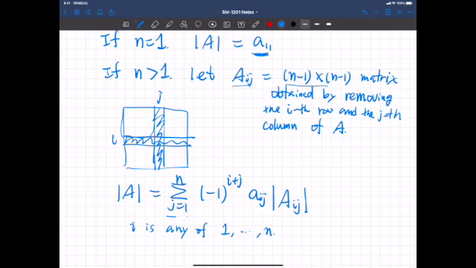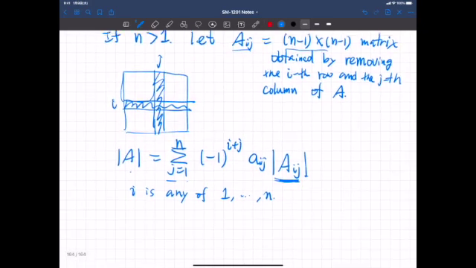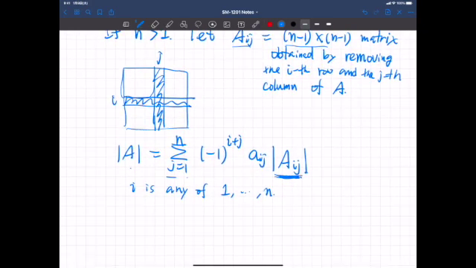So it's defined recursively. This means when n is, for example, 10, then we need the determinants of 9 by 9 matrices. So there can be many of them, right?